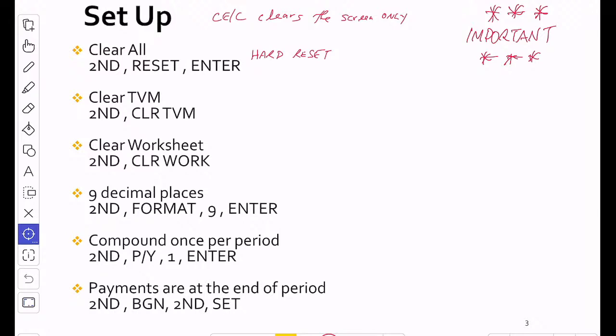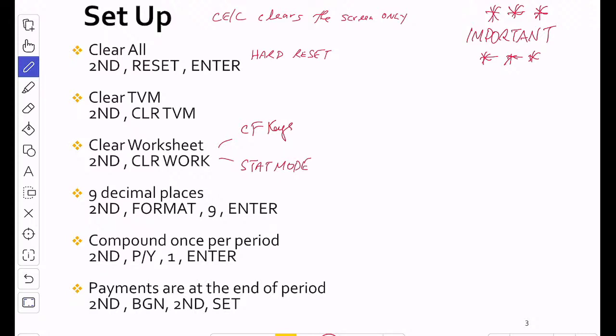Okay. So we have the TVM keys in the third row. We have a worksheet that I talked about, like the CF keys and the stat mode.